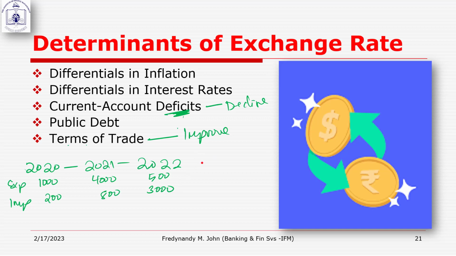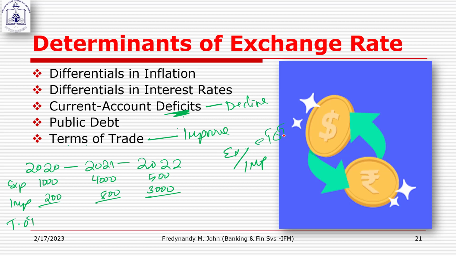Now, what is the TOT? The terms of trade in these years will be the ratio of export to import.